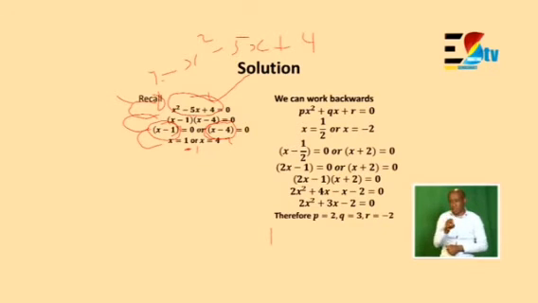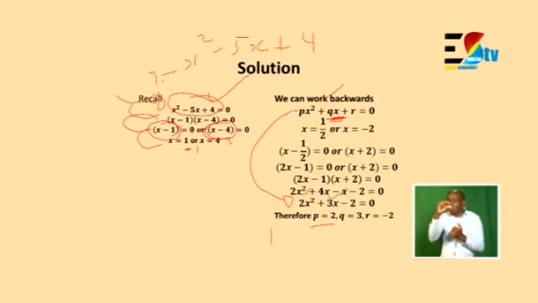The next thing we do is we compare the two. The coefficient of x squared is p, and here where we are now, we have a 2. So it means that p is equal to 2, like we have. Then q is the coefficient of x. So we come check here.